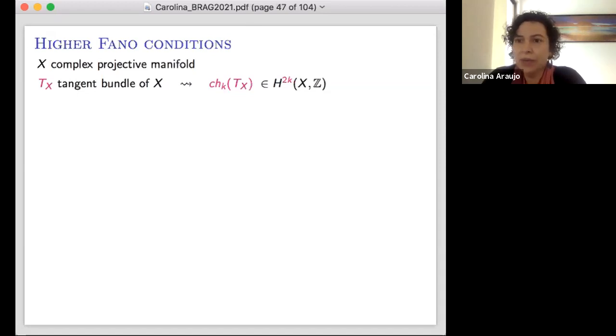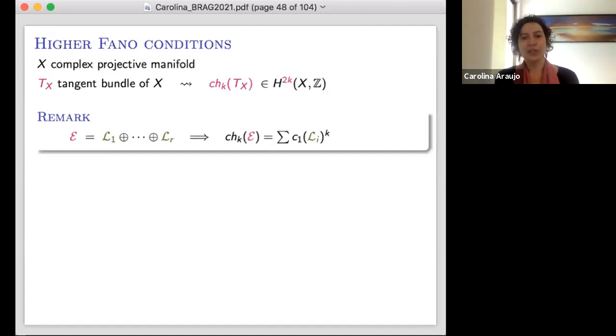Let me remind you what the Chern characters measure. As an example, let us look at the Chern character of a vector bundle that is a sum of line bundles. If E is a direct sum of the line bundles L1 up to Lr, then the kth Chern character of E is just the sum of the first Chern classes of each one of the factors to the power k.